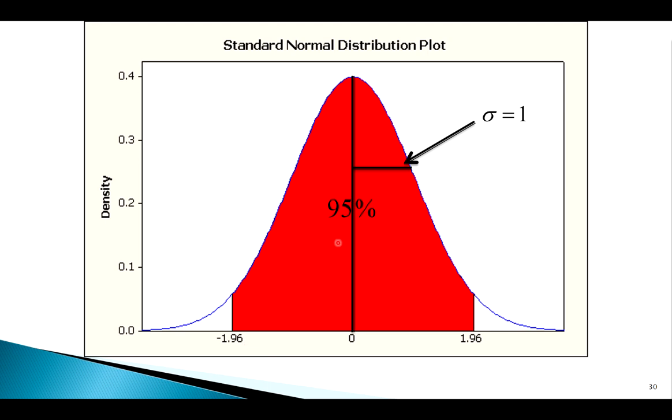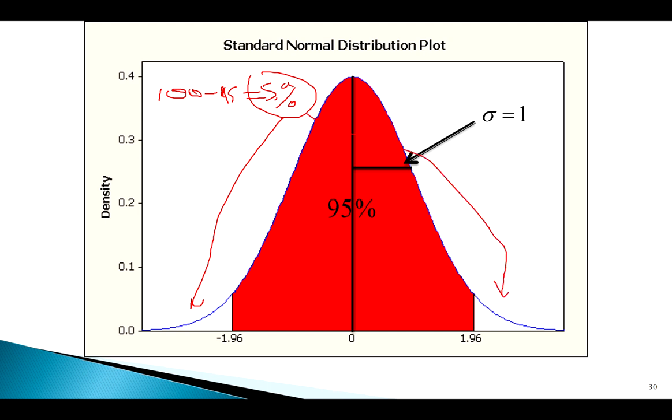Well, if there's 95% in the middle, what's left over on the outside? 5%, right? Because we know 100 total minus 95, 5% left. All right, but that 5%, I got to divide that over two areas.